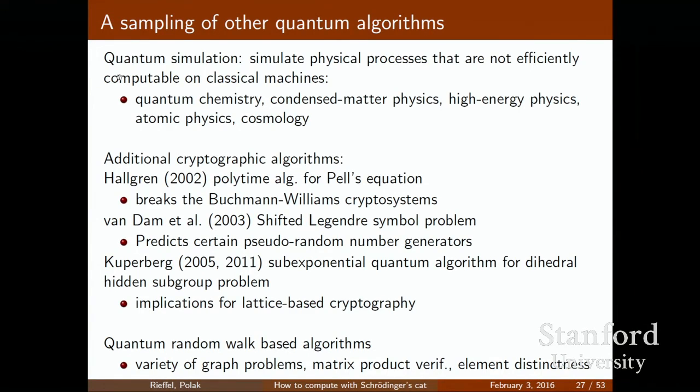People try to use lattice-based cryptography as an alternative to public key encryption, and Kuperberg has some impact on that. And then there are random walk algorithms that solve some graph theory problems, matrix product verification, and others.